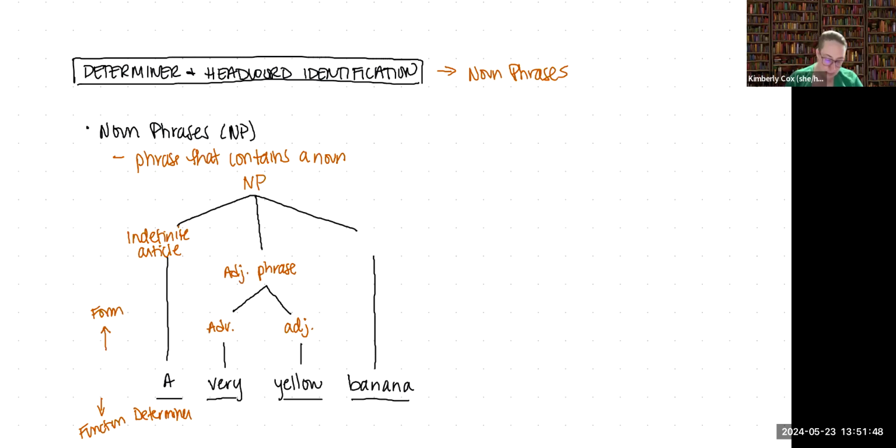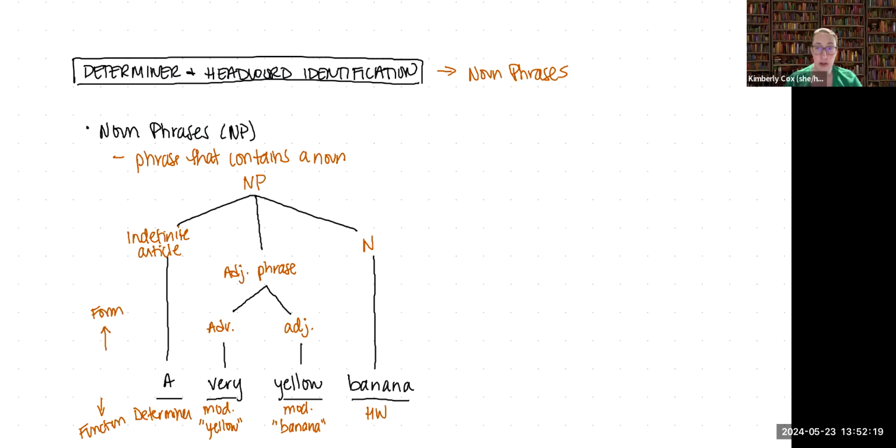Very tells us something about the yellow, so very modifies yellow, just as yellow modifies banana. And it's an adjective phrase, so both of those words should be modifying. And then we have banana, which is a noun. I'm just going to use N. And its function is as the head word in our noun phrase.